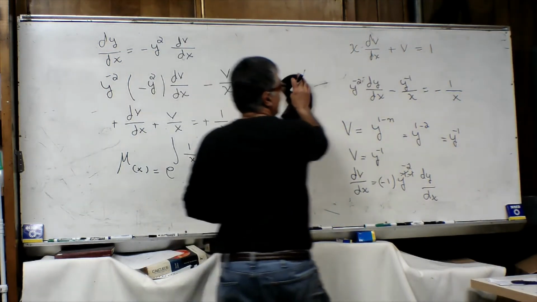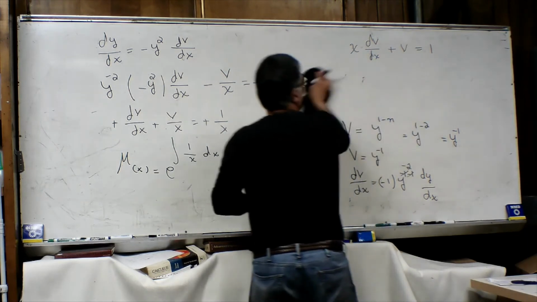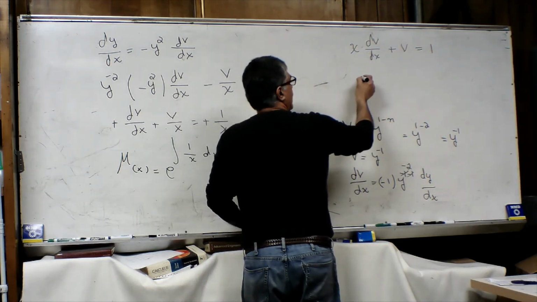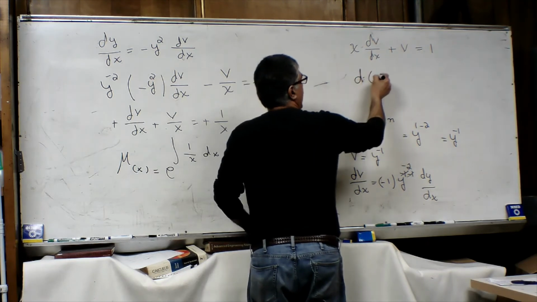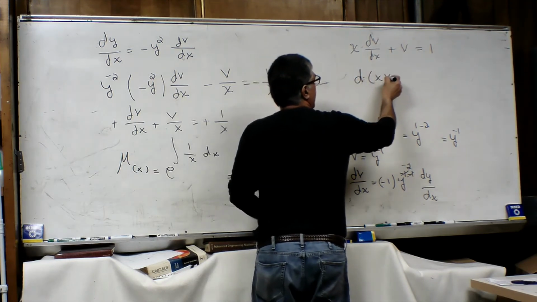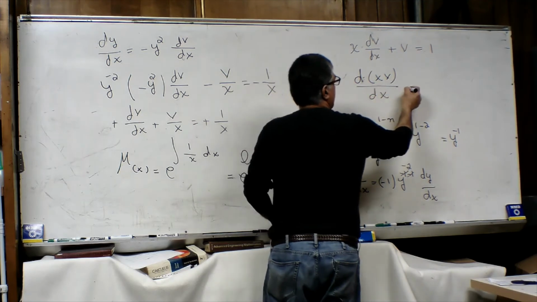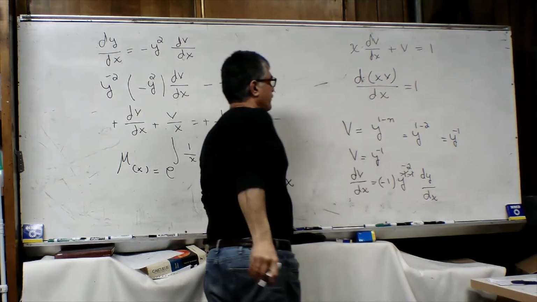Now we can rewrite this equation as d of xv with respect to x is equal to 1.